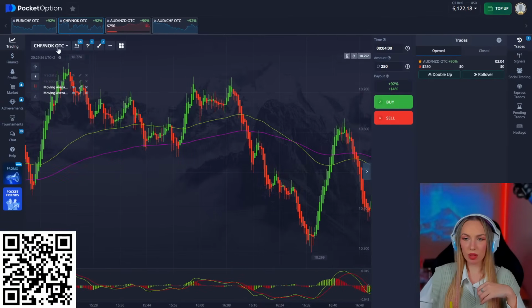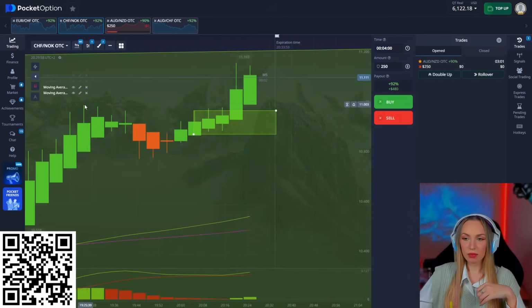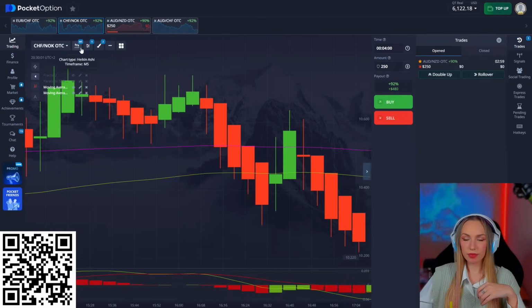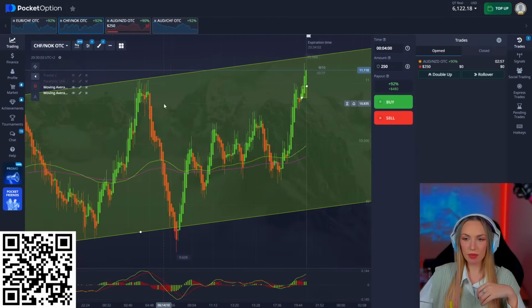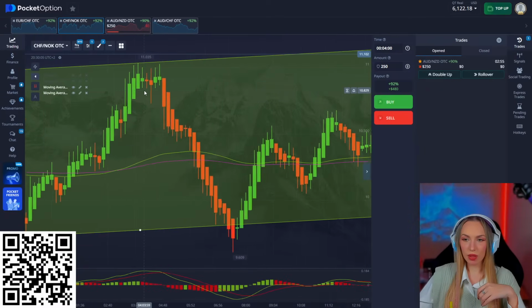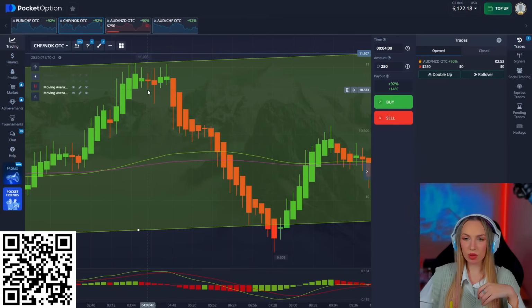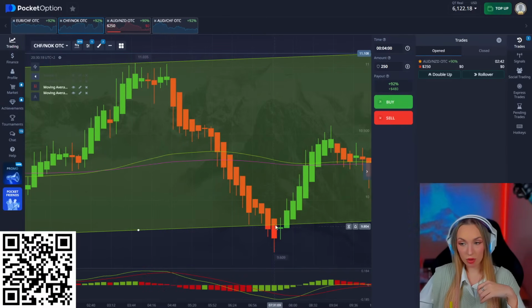Where was it? Wait, I lost it. Here it was touching, right? Here it looks like it started going down for 2 candles, for 20 minutes, and then it went up again to touch the resistance, and then it went so much down.